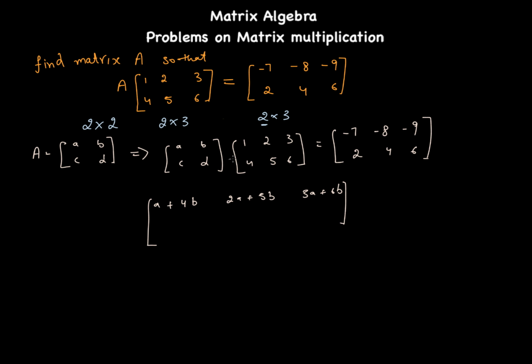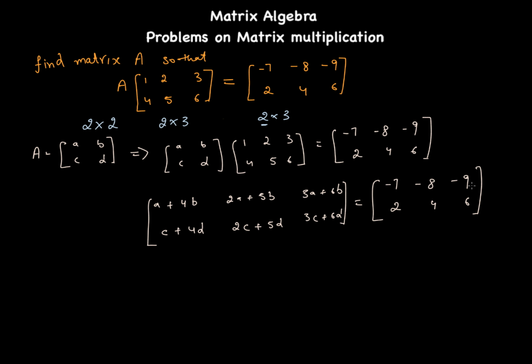And then we got c plus 4d, 2c plus 5d, and 3c plus 6d, which is equal to -7, -8, -9, 2, 4 and 6.